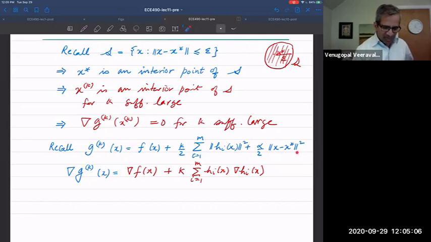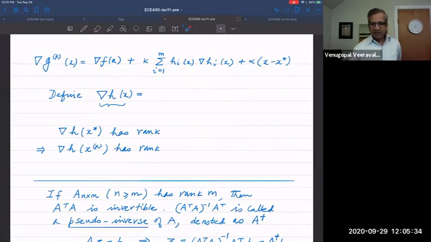This will just be 2 times x minus x star. This will cancel this 2, and then I'll just get alpha times x minus x star. And I know that if I plug xk into this equation, the left-hand side should be 0. Okay, I'll exploit that in just a minute.